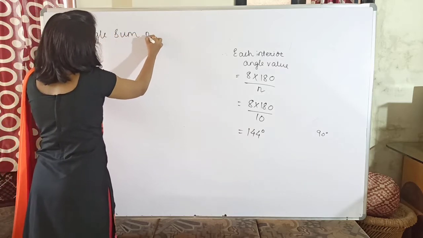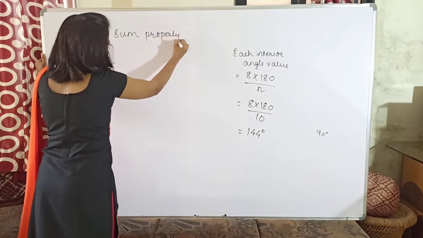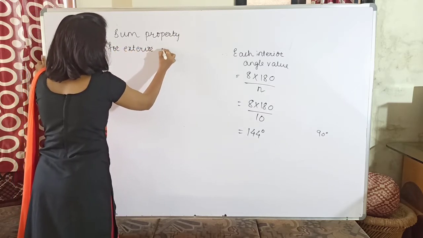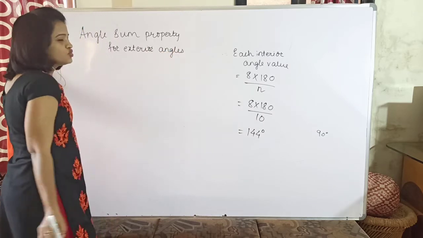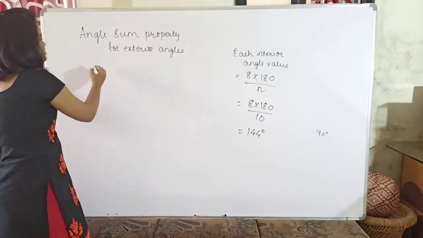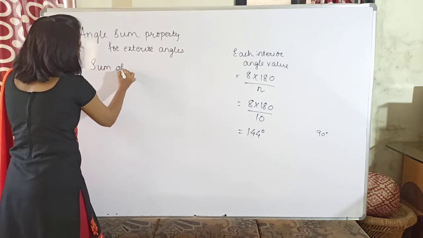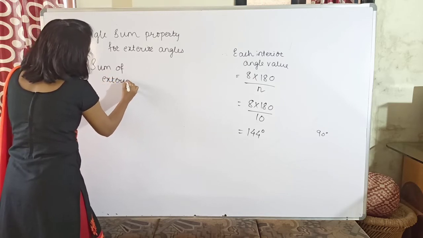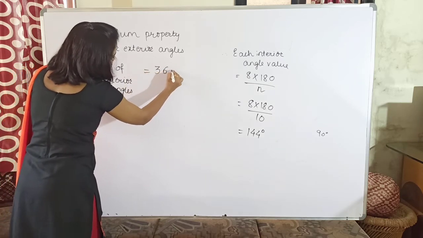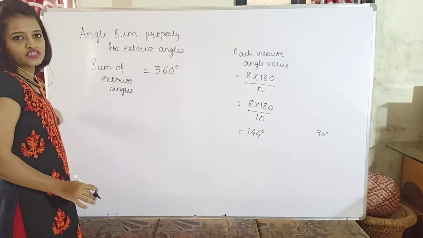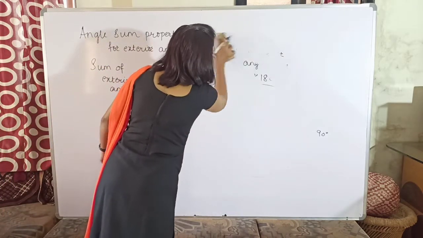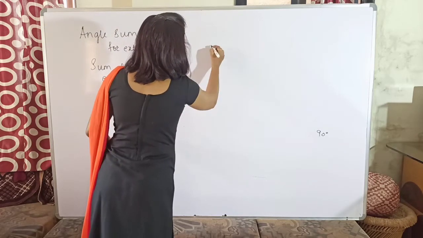The angle sum property for exterior angles: for any polygon, now that polygon could have any number of sides, the sum of exterior angles is always equal to 360 degrees. It is always equal to 360 degrees. Even if it is a 4-sided polygon, a 10-sided polygon, or an 8-sided polygon, that doesn't matter. So what are the exterior angles?